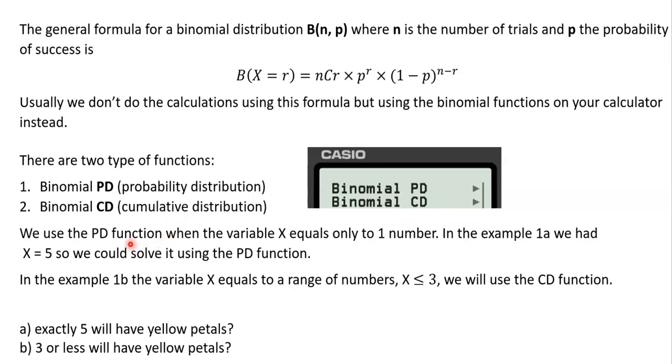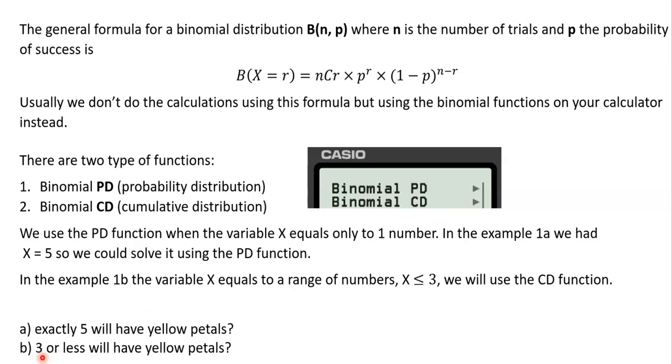So in our example 1, in part A, when there were exactly 5 yellow petals, this is a case when x equals 5, and whenever x equals only one number, we use the PD function.